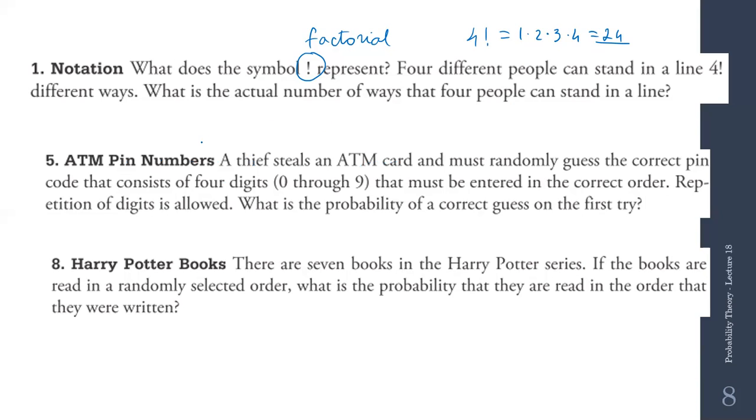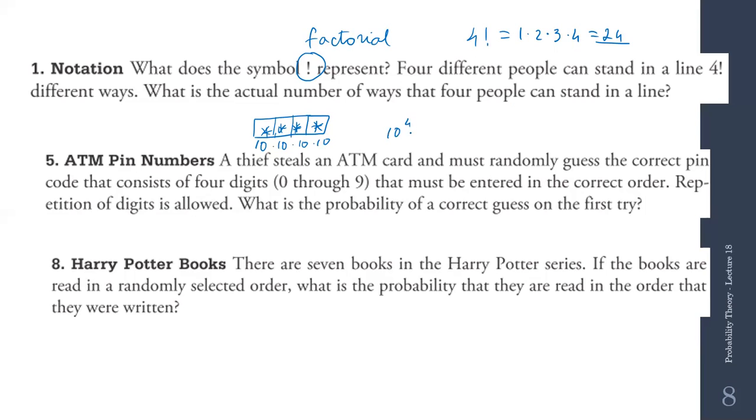ATM, I think you know what is ATM. An ATM PIN number consists of 4 digits, like a PIN code. For the first one, you can choose any number from 10. For the second one, for the third one, for the fourth. So just multiply them together.